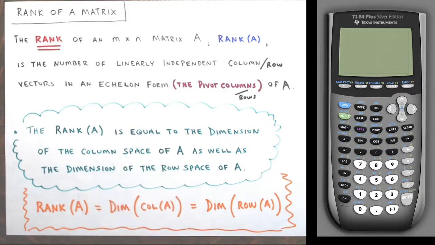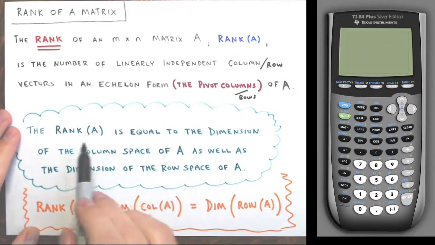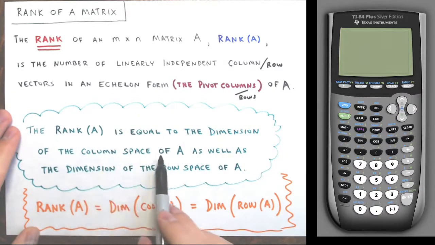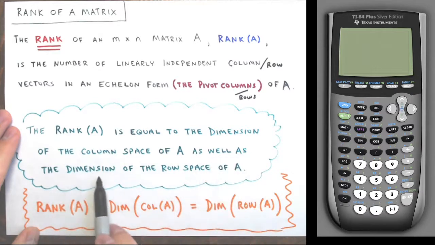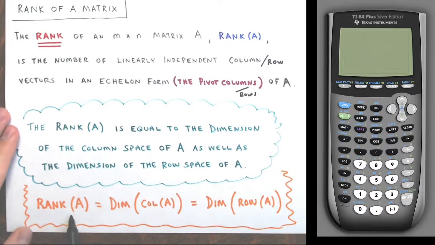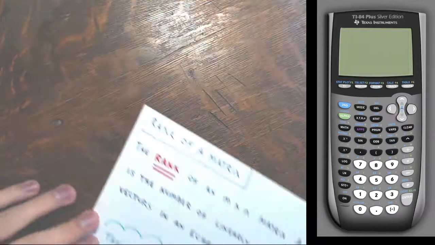And since there are the same number of linearly independent columns as there are independent rows, we'll see that not only is the rank equal to the dimension of the column space, but also the dimension of the row space of A. So the rank of A is equal to the dimension of the column space of A, which is also equal to the dimension of the row space of A. All right, so just got that out of the way.